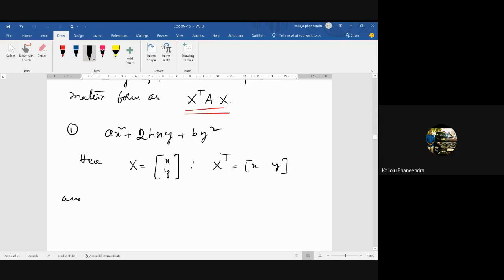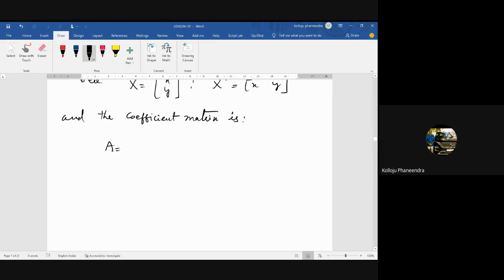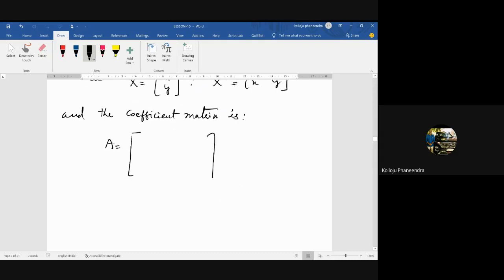And the coefficient matrix is A. All of you, listen carefully. How to write the coefficient matrix? Now I'm telling. Denote x as the first variable and y as the second variable.